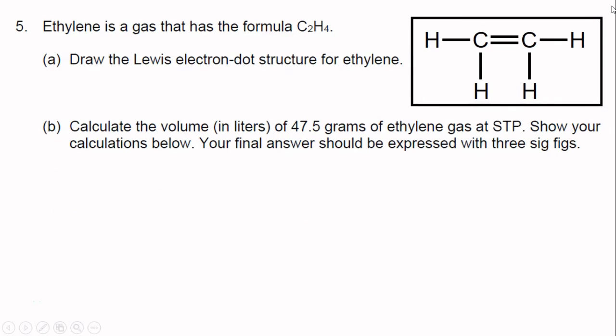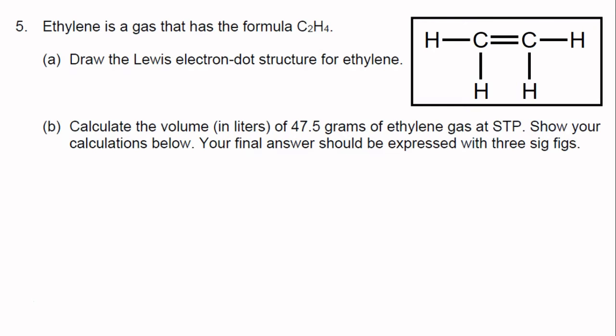And now it says calculate the volume in liters of 47.5 grams of ethylene gas at STP. That's standard temperature and pressure. We've already determined that 1 mole of any gas at standard temperature and pressure has a volume of 22.4 liters. And we'll use that conversion factor in this problem.